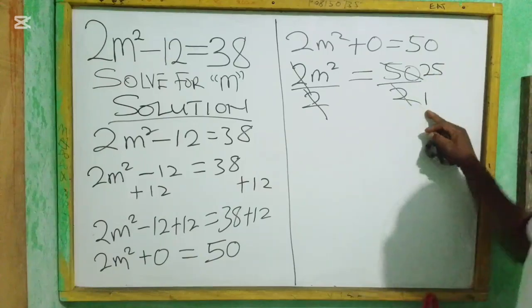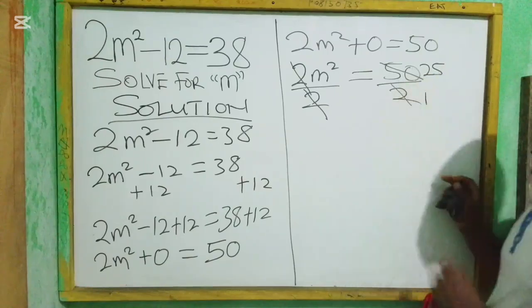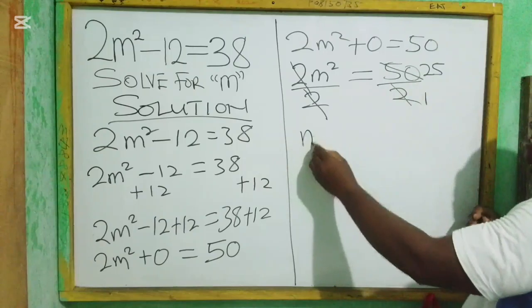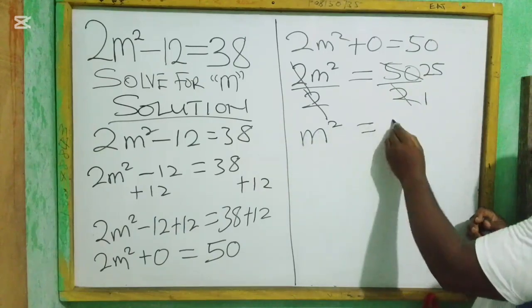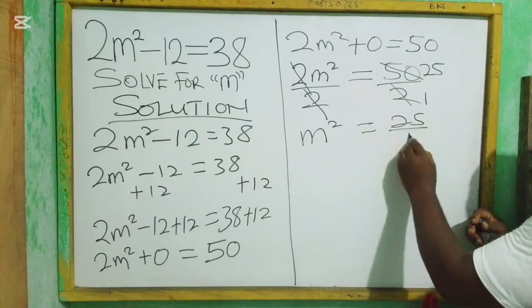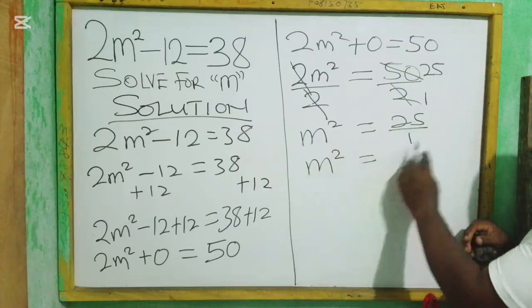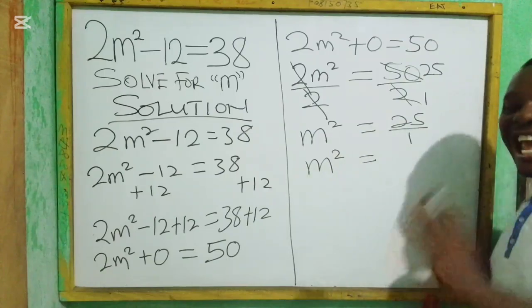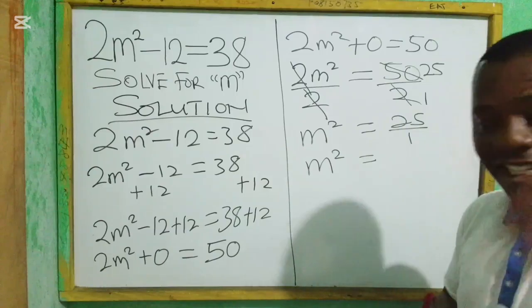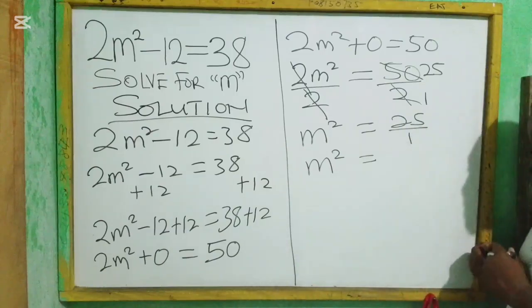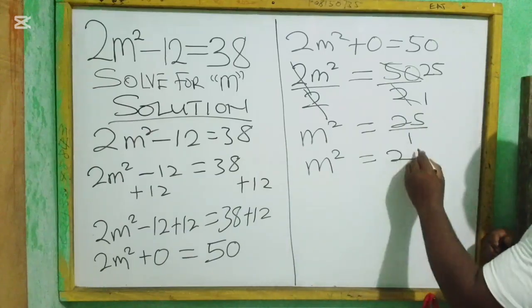This 2 goes into itself 1 and goes into 50, 25. So we are going to have m squared equal to 25 divided by 1. Any number divided by 1 is the same number. So 25 divided by 1 is 25.